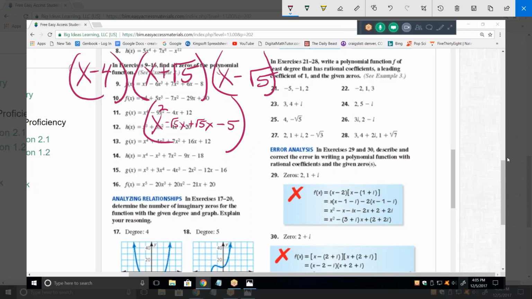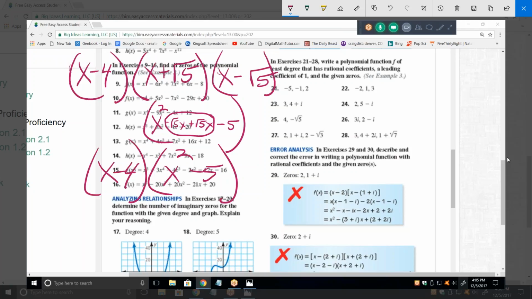Whenever you're multiplying something by the conjugate, the two middle terms always cancel. So that was the reason we wanted to multiply terms 2 and 3 together first, because we were left with a nice simple x squared minus 5, no more radical signs.